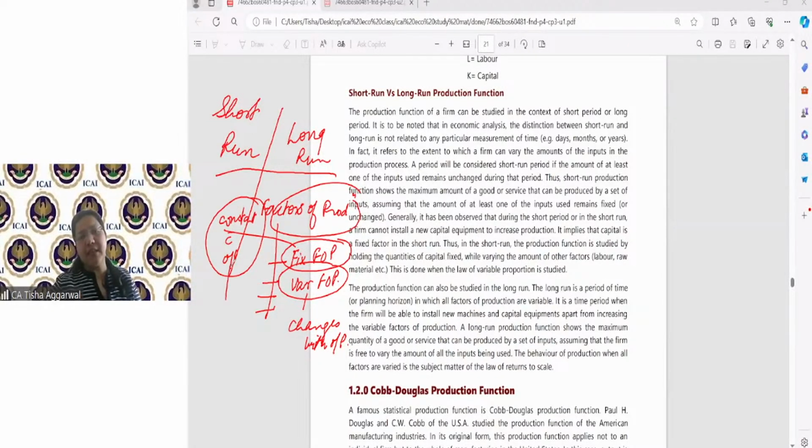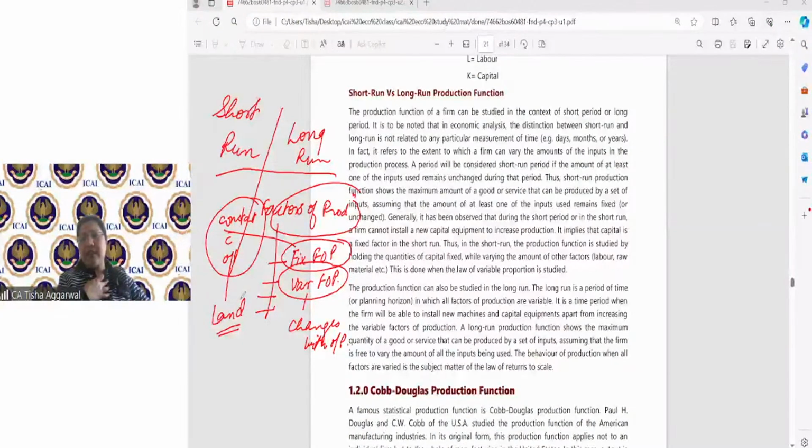I'll tell you one best example: land. Land is constant with the output. Land is not something to be increased with the level of output.